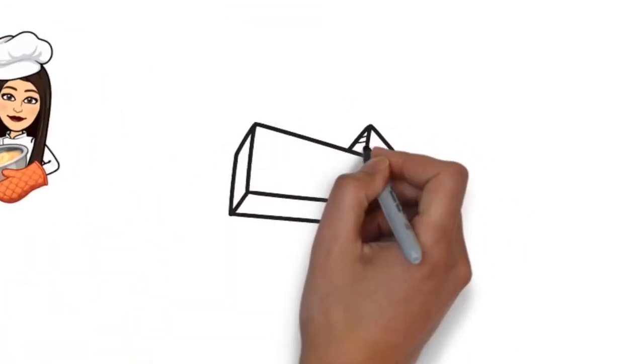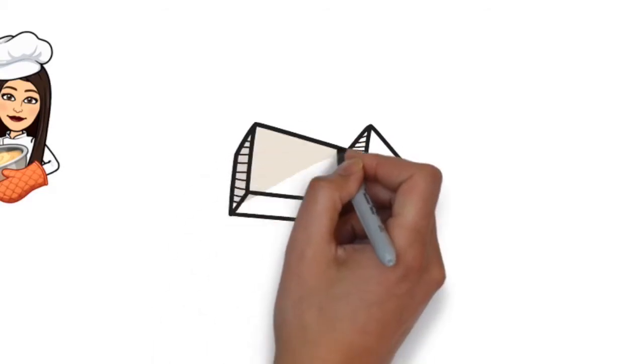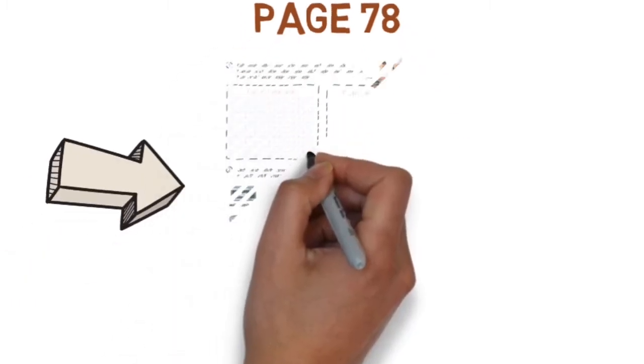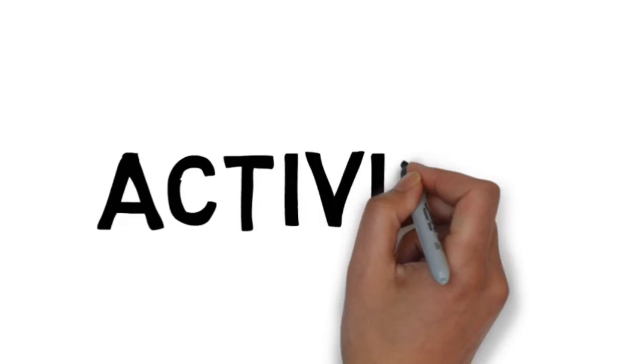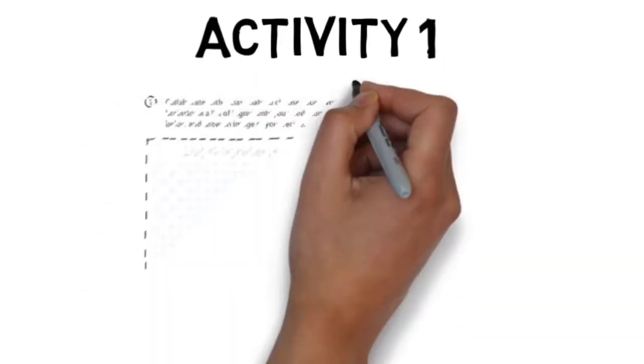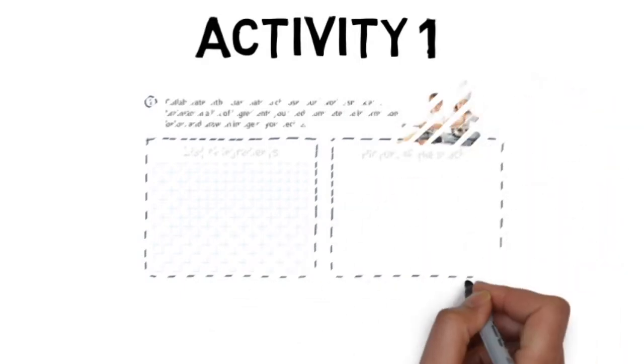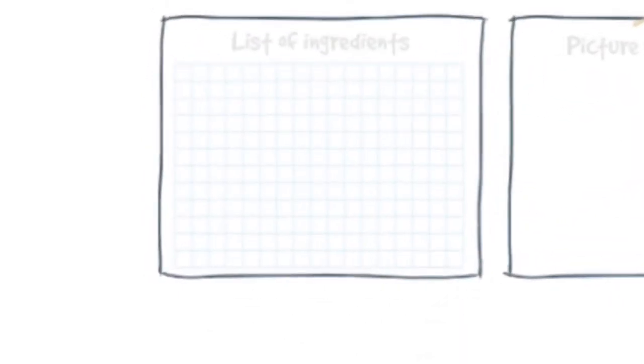Now, kids, you are going to write one recipe. So please go to page 78. Here we have the activity number 1. For this activity, you are going to choose your favorite snack because we are going to write the recipe for it.